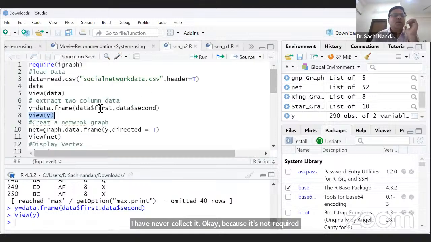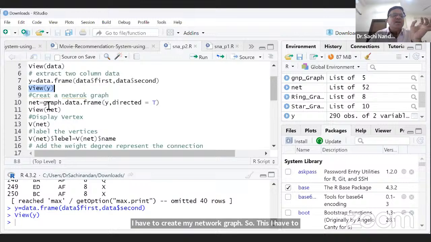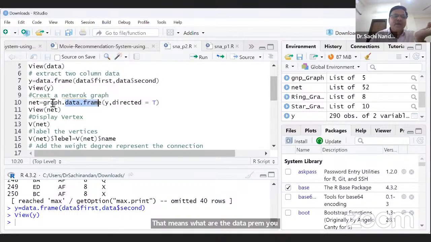Now I have to create my network graph. I have to create this by using a command. The net is nothing but my output figure, where this is stored. The command is graph dot data frame. That means whatever data frame you have, you formulate the graph from it. Y is the input and directed is true.